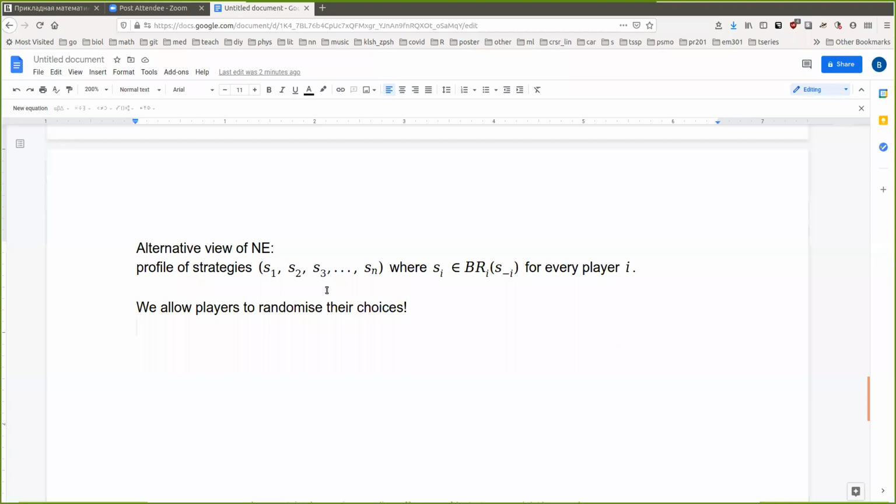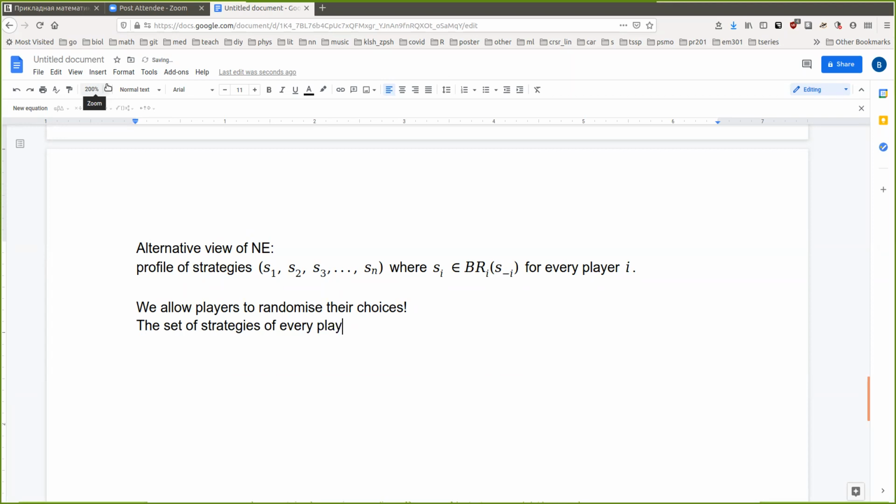So the set of strategies of every player will be bigger. Let's denote the randomized set of strategies.